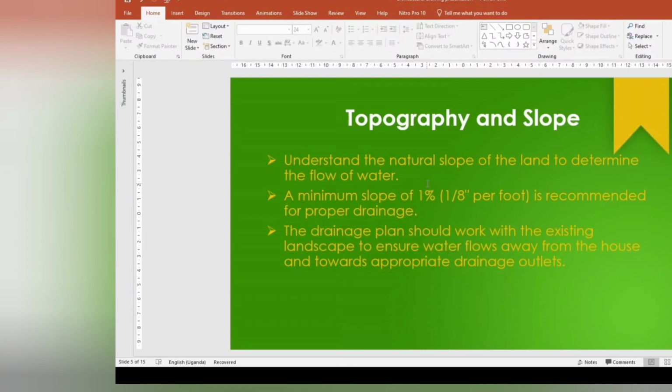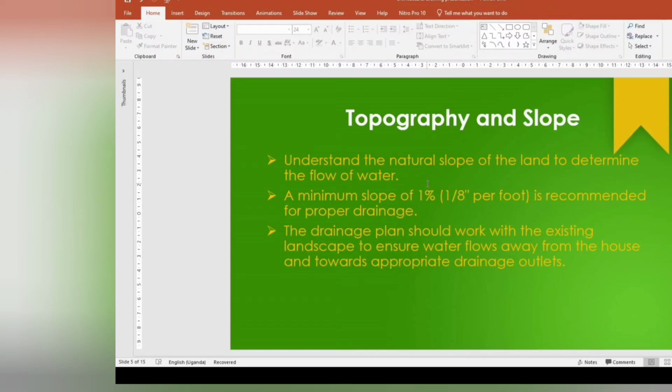There is no way you will know the slope and topography of the site before you visit the site. So site visitation or site visit or reconnaissance is an important factor to consider before you start drawing a house plan for a client.